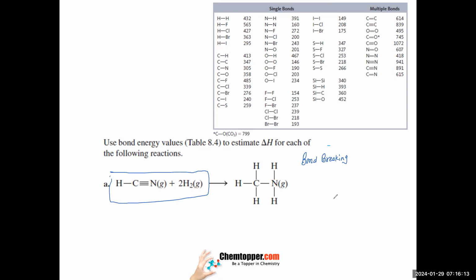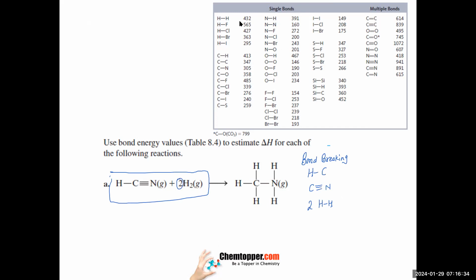Identify all bonds which you are breaking. You are breaking hydrogen, carbon. You are breaking carbon triple bond nitrogen. You are breaking 2 times hydrogen, hydrogen. 2, right? Yes. So these are the bonds which you are breaking.